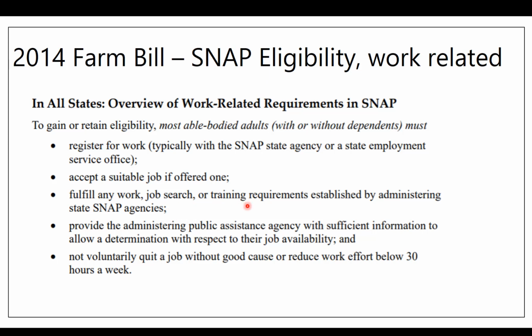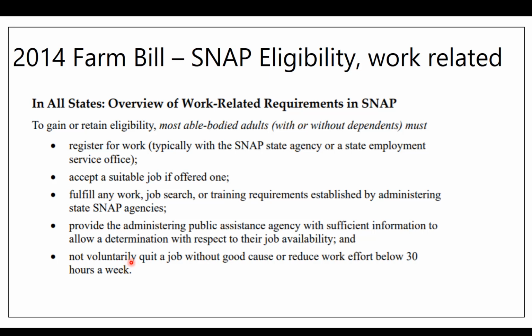So some states do have training requirements, not the full E&T as imagined by the ABAWD waiver removal, but you have to be part of those. And then you have to provide whatever the public assistance agency needs to know: what your availability is for jobs and what you are doing to search for a job.